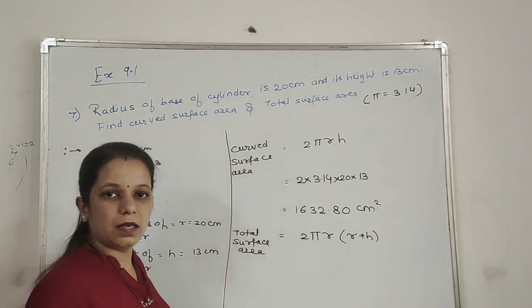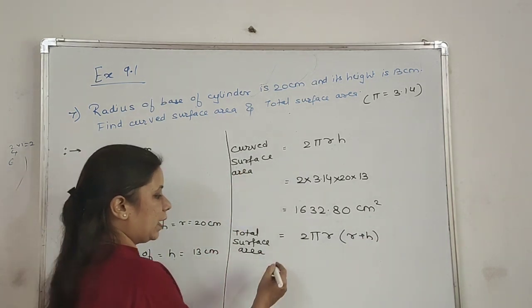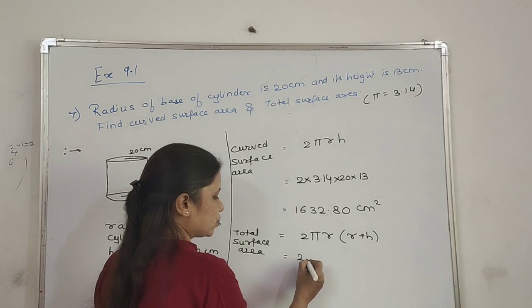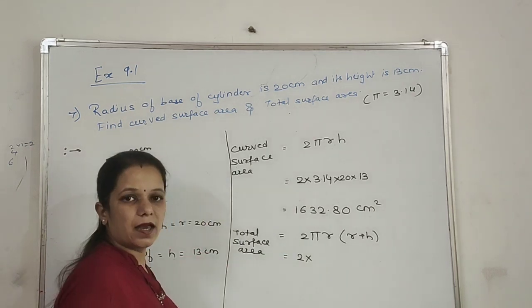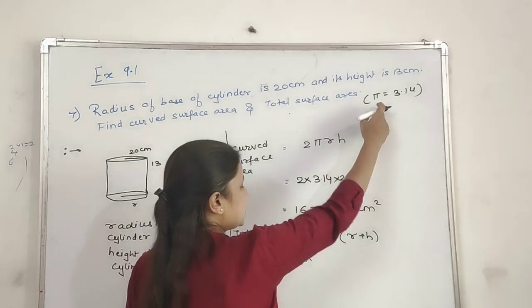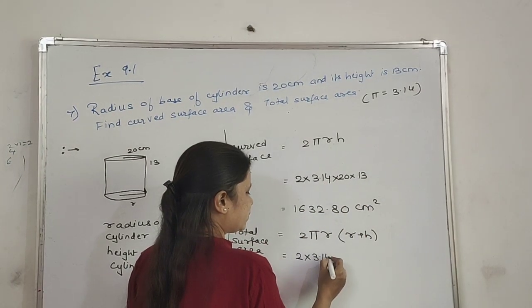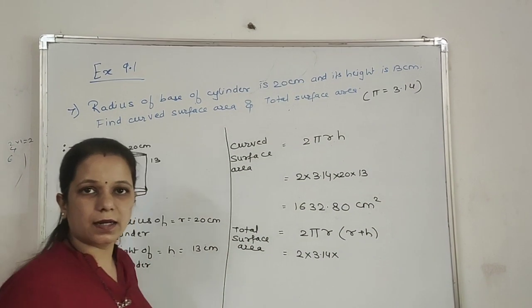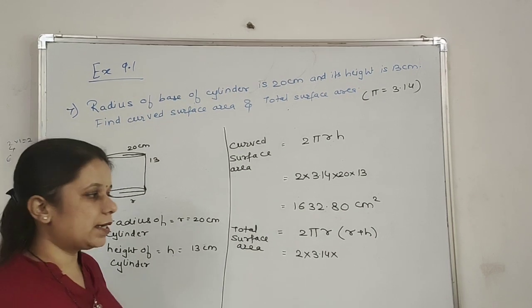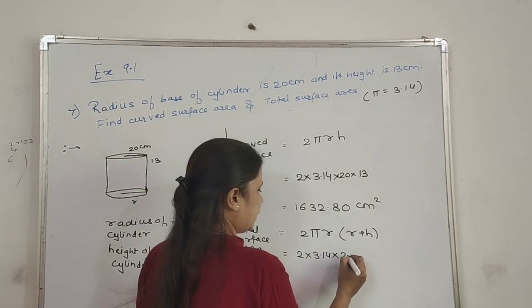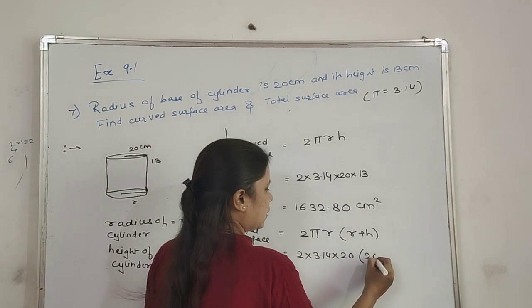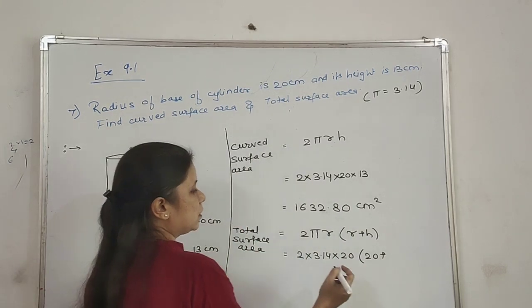Okay, simple formula and very simple calculations. So 2 into pi. Pi we are taking as 3.14 into r. R is the radius. Radius it is given as 20 and here 20 plus 13.